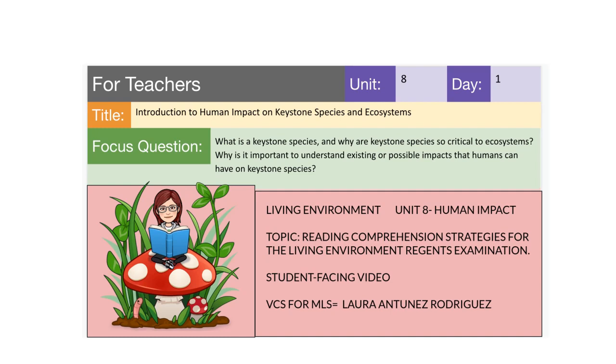I am your virtual content specialist for multilingual learners, and today on Unit 8, Day 1, Introduction to Human Impact on Keystone Species and Ecosystems, we are going to check together some strategies to improve your reading comprehension for the Living Environment Regents examination. Let's begin.